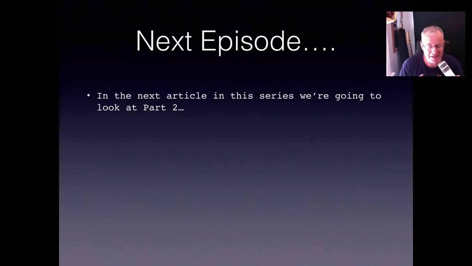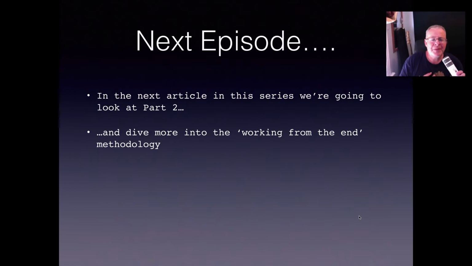And I'm going to actually work through it with some questions, and I'm going to develop a story using that framework. And the story that I'm going to develop was one I partly mentioned in one of the previous videos, where I said I don't think I'm a discovery writer, because I had a great character and a great first line, but the story died in the writing, and I'm going to see if I can resurrect that. So that's what we're going to do, dive more into this working from the end and then going forwards methodology.